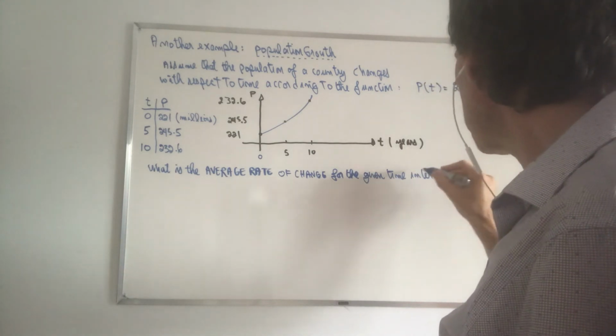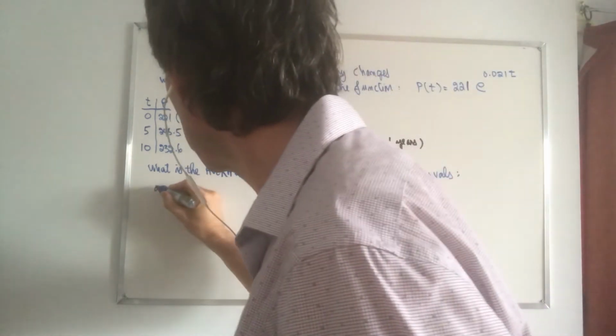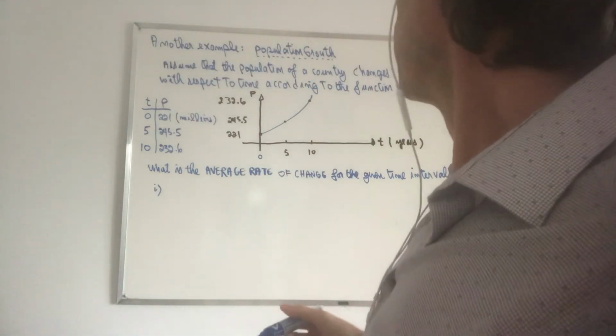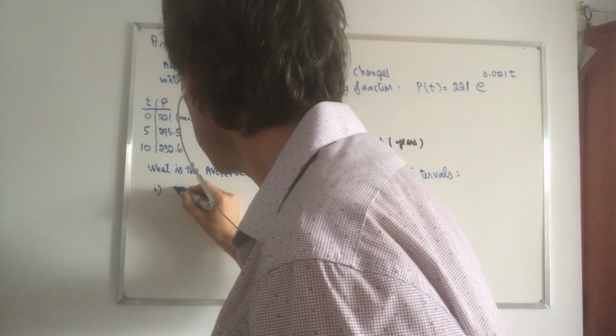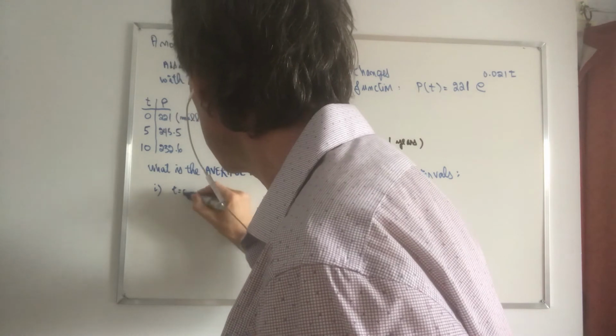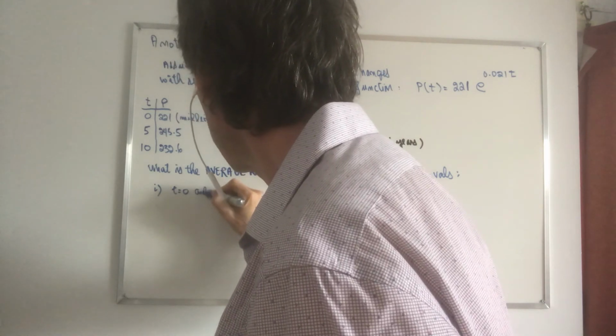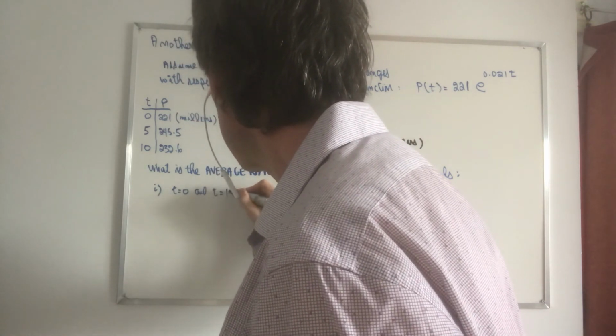So let us take a look at, say, 0 and 10. So t equals 0 and t equals 10.